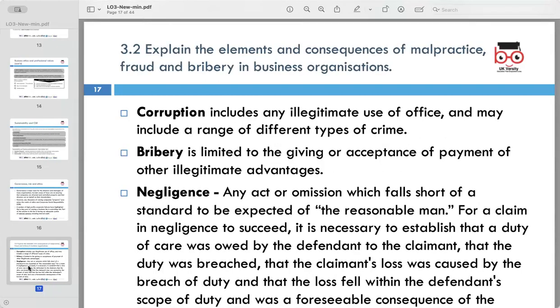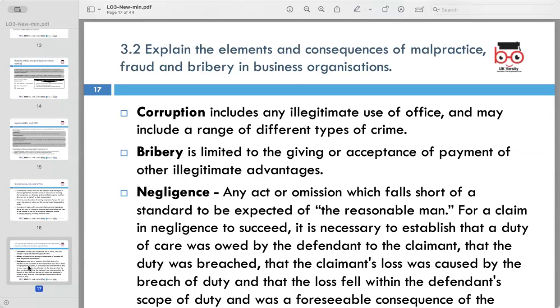Next, explain the elements and consequences of malpractice, fraud, and bribery in business or organizations. Corruption covers any illegitimate use of authority and may involve various criminal activities. Bribery specifically pertains to the giving or acceptance of a payment or other illegitimate advantages.